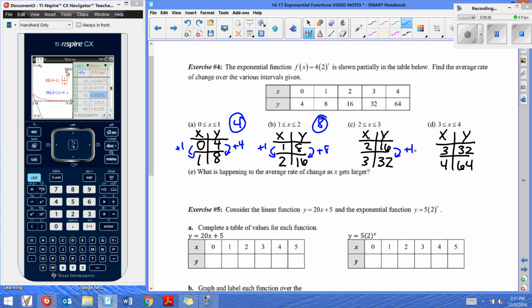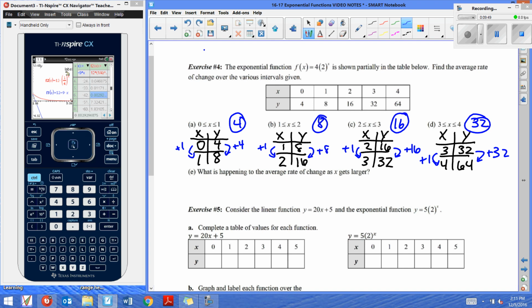Same deal for C. We added 16 here and 1 there, and 16 divided by 1 is 16. What is going on with my rates of change? Are they the same? No, D, I got 32. My average rates of change are growing exponentially.